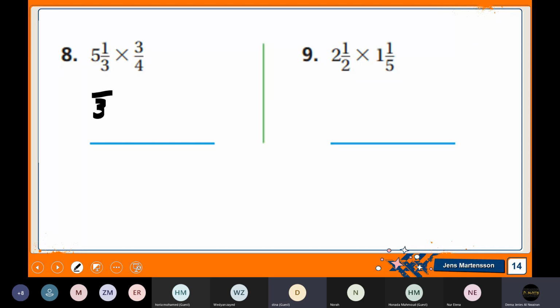How do you rewrite the numerator? 5 times 3. Bravo. Plus what? Plus 1.